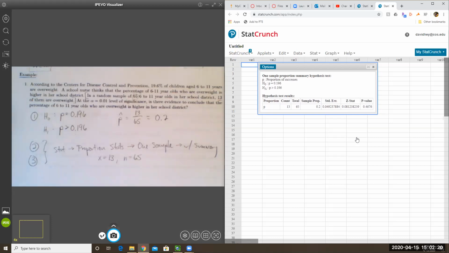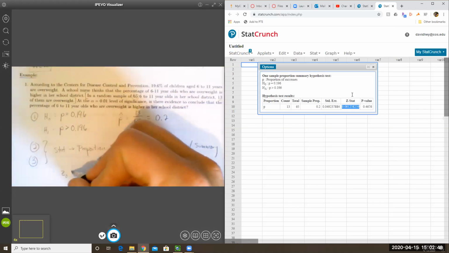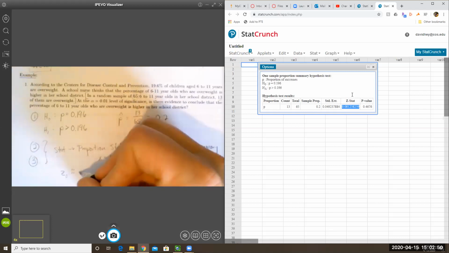And we get a whole bunch of stuff. Here's the number of successes. Here's the number of trials. Here's the sample proportion, which we already computed. The things that we're really after are these things. The z-stat, the thing that they label z-stat, that's your test statistic. So your test statistic is about 0.081.